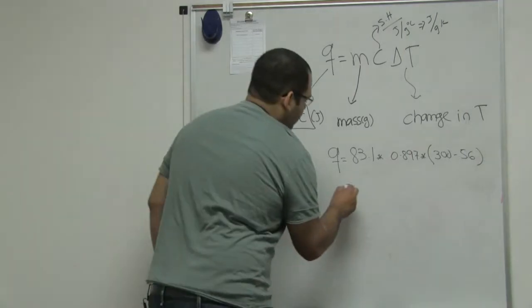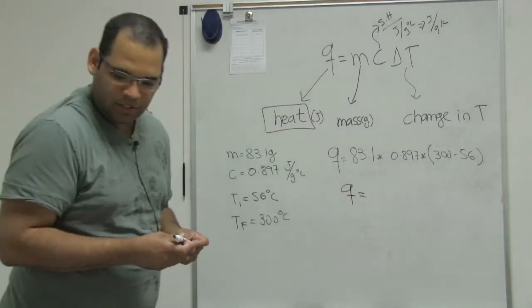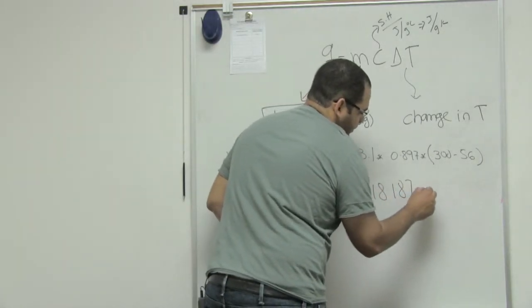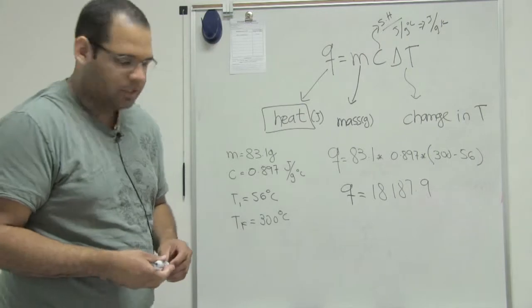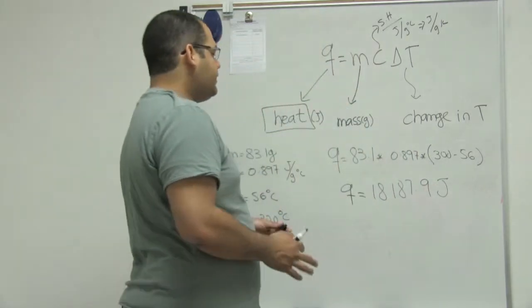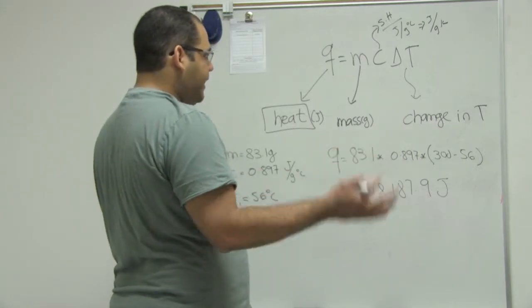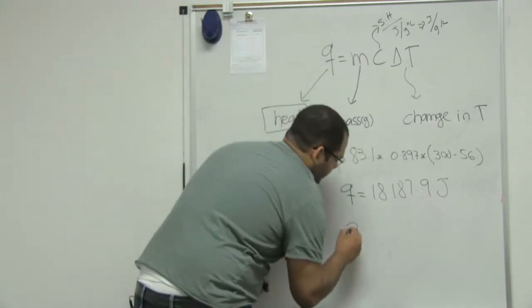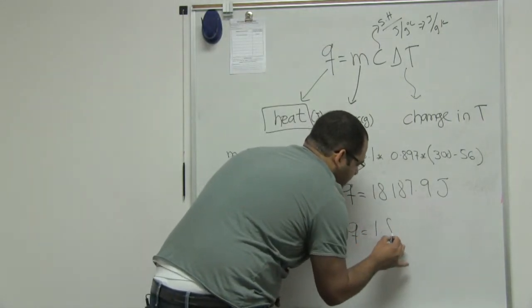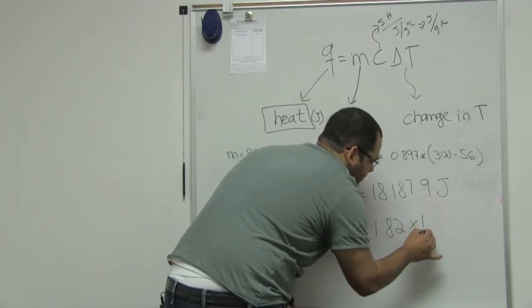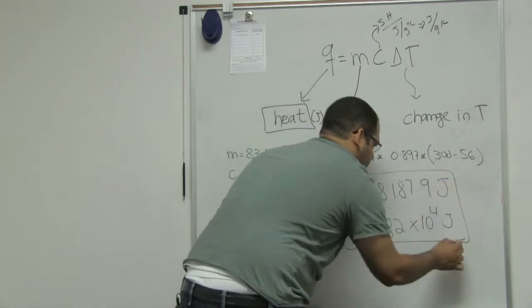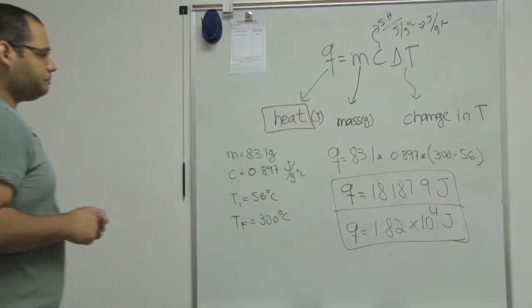It will be Q equals 18,187.9 joules, or I could just write this, because it's a big number, in scientific notation. Q can be 1.82 times 10 to the 4th joules. This is my answer.